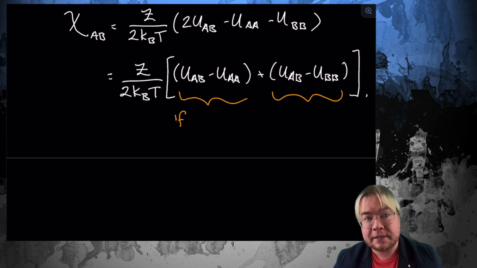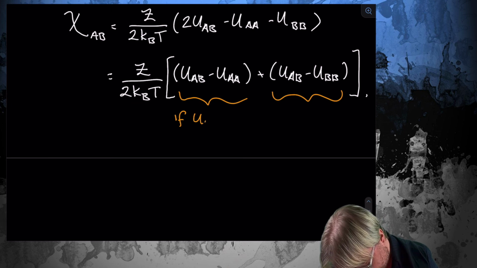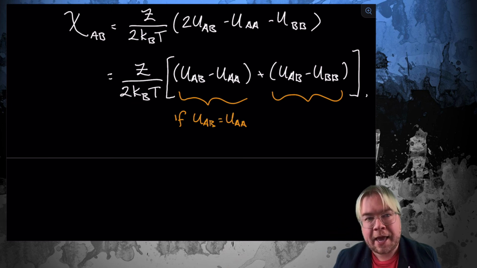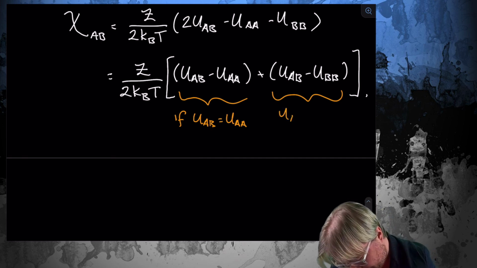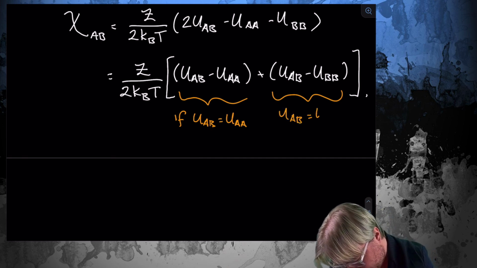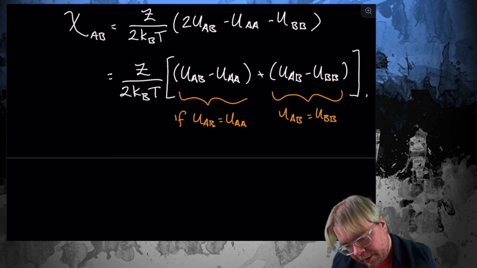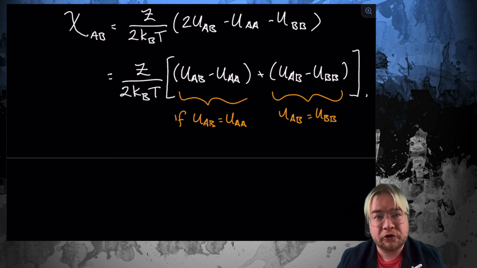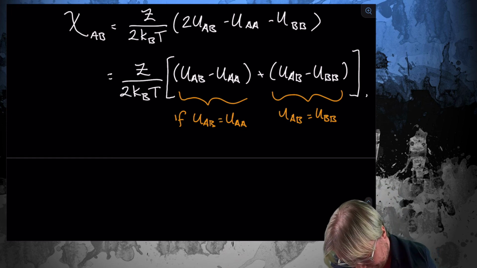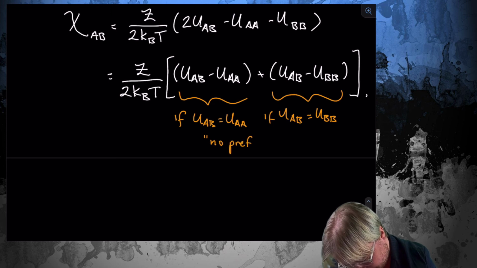And if everybody has the same interaction strength, then UAB would be equal to UAA. And similarly, UAB would be equal to UBB. And the transitive property tells me that that means that UAA is equal to UBB. So if that was the case, then there would be no preferential interactions.